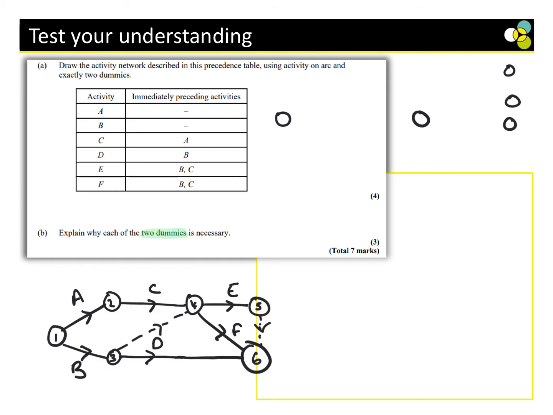Then, the second dummy is needed. As you saw earlier, we need to make sure that each of these is uniquely represented in terms of its events, and it is. If we start here, we need to do all of these steps to finish at 6. So this ensures that everything has its own representation. Okay?